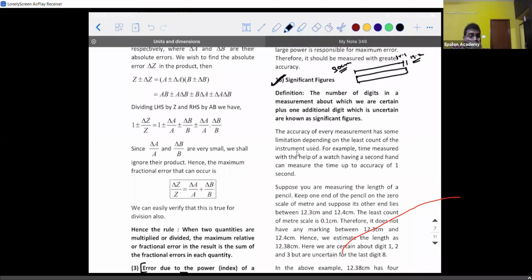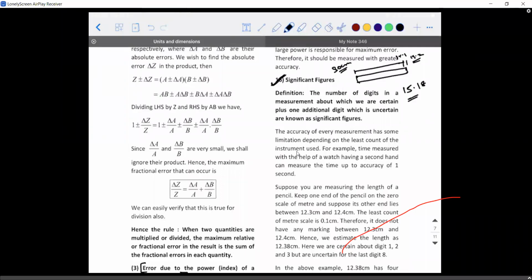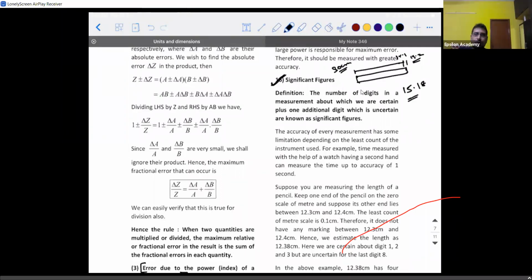Now, how are you going to report the answer? The answer is neither 15.1 nor 15.2. Suppose you are reporting the answer as 15.18. Is this answer right or wrong? You're not sure about it, right?